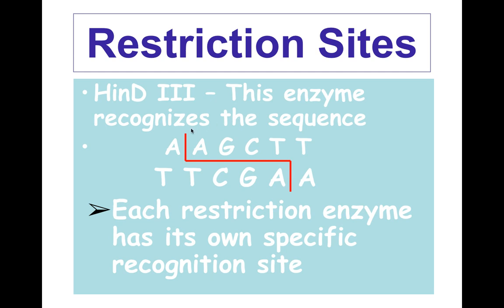But sometimes the cut, for example, let's say this is a different recognition sequence, and the cut is supposed to be between the G and the C. Well, it's going to cut here, and on this side it's also going to cut here. So the cuts in that case would line up, and we call those blunt ends. So you can identify whether a restriction enzyme is going to produce a sticky, jagged cut or a blunt end cut. And that's what you're going to do on your worksheet for today.